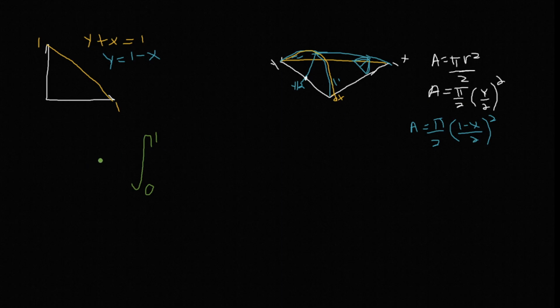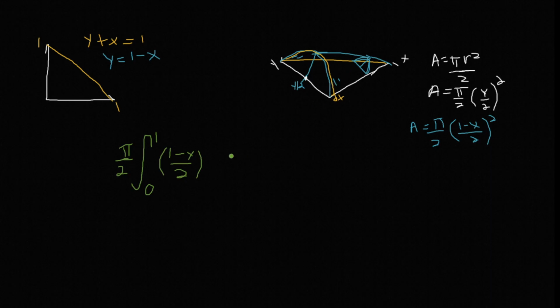We can pull out this pi by 2 because it is a constant coefficient, and we can just integrate 1 minus x over 2, the quantity squared.